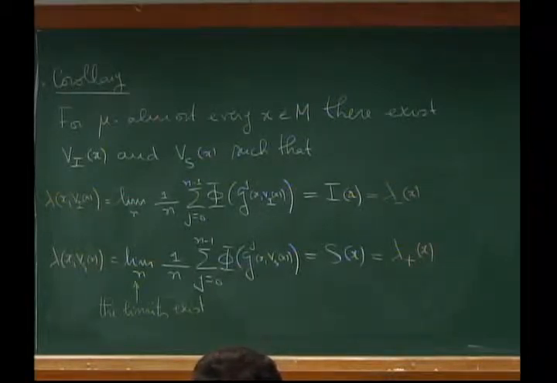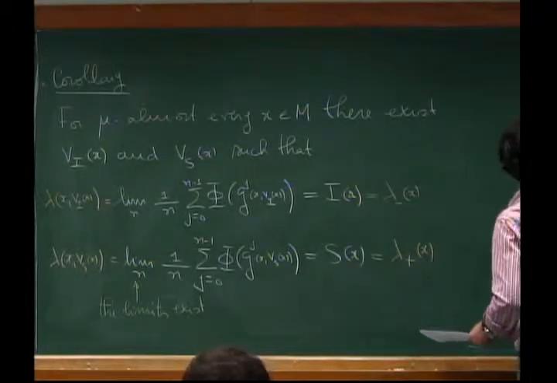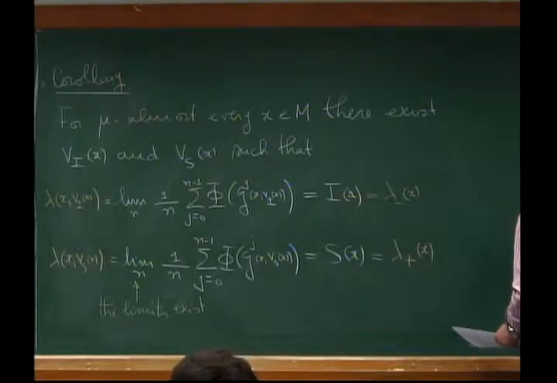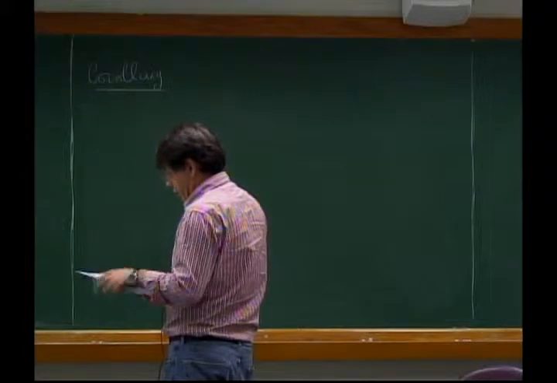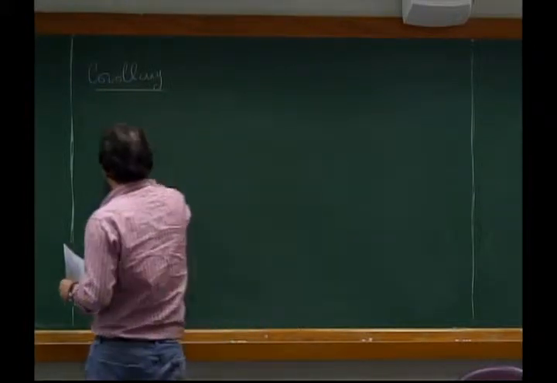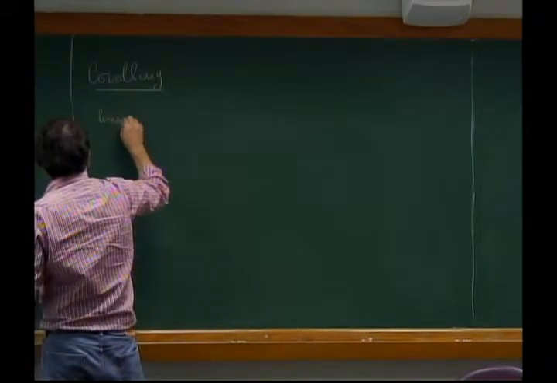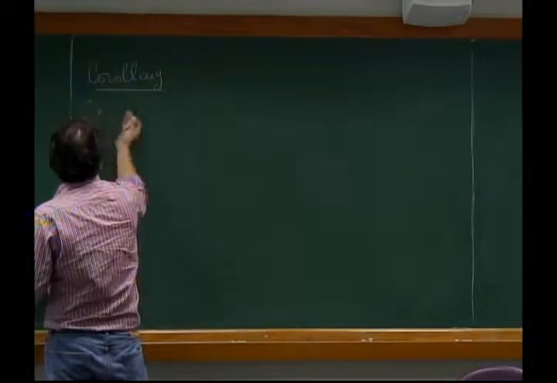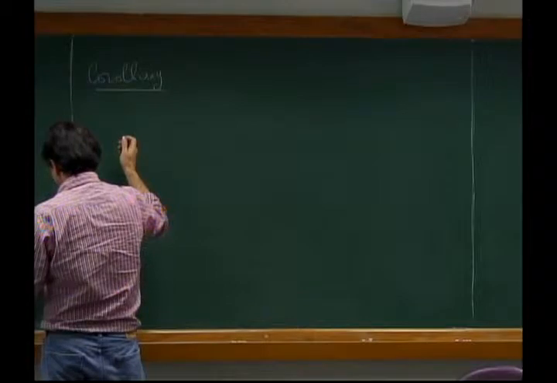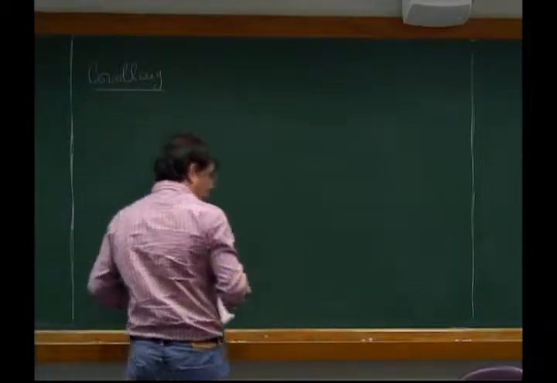So, in a sense, this is a restatement or another corollary, and now this is formulated for linear cocycles. I called it a proposition, but it's a consequence.